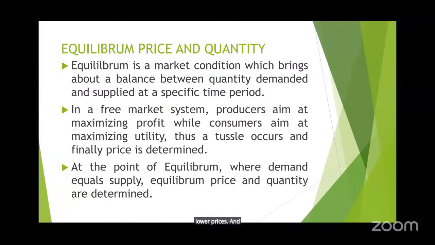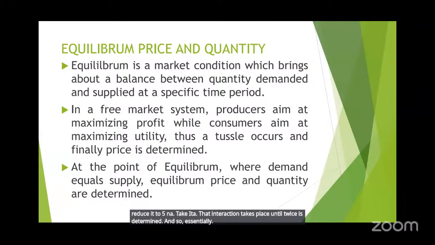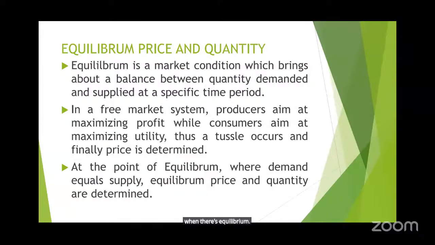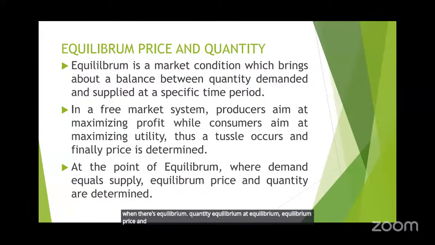And so there's a tussle. When you argue prices, 10 naira, reduce it to 5 naira, take it higher. That interaction takes place until price is determined. And so essentially, at equilibrium, the equilibrium price and quantity are determined.